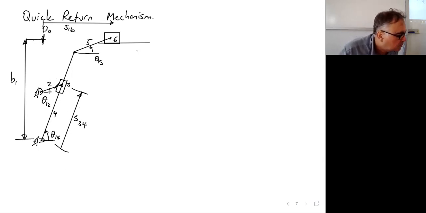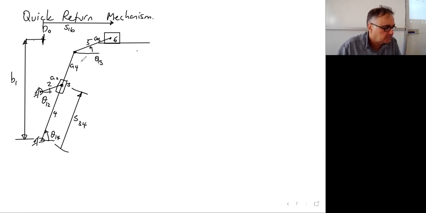Oh, okay, so the link lengths are, this is A5, let's say. This is A2. This is A4. This is B1, which is given. S16 is a variable. What else?